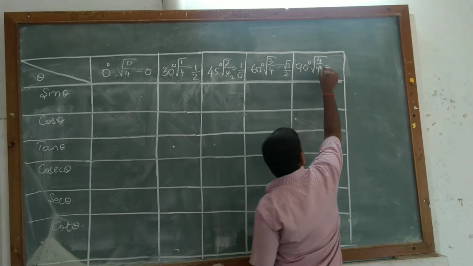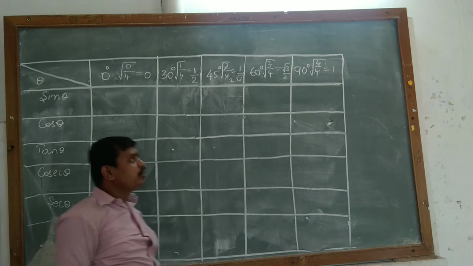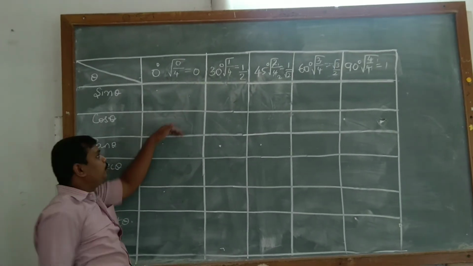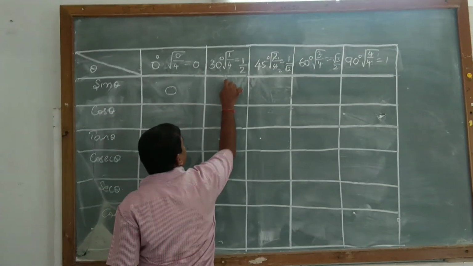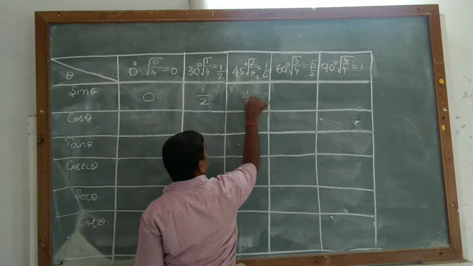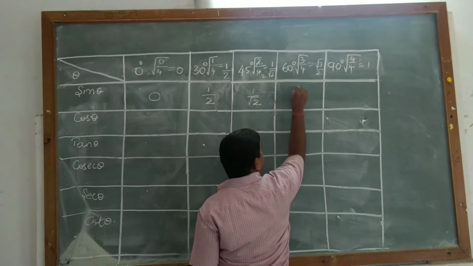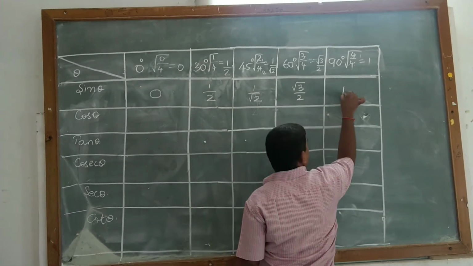And 4 by 4, that is 4 1s are 4, square root of 1 is 1. So all these will be the first values to you. That is sin 0 is 0, sin 30 is 1 by 2, sin 45 is 1 by root 2, sin 60 is root 3 by 2 and sin 90 is equal to 1.